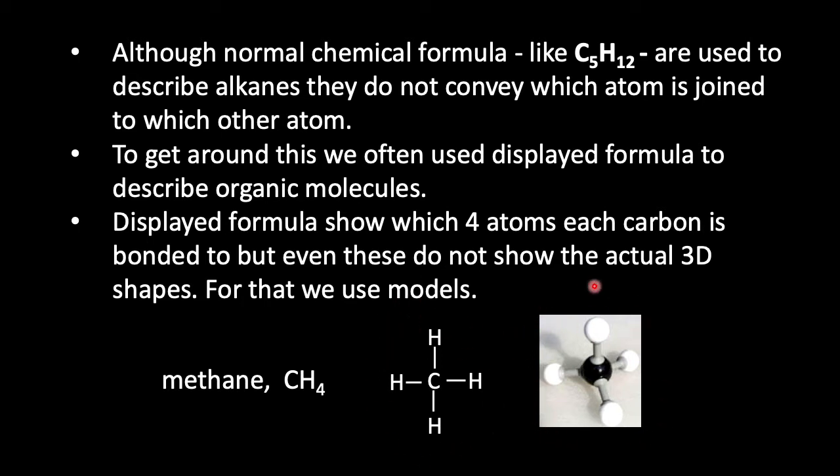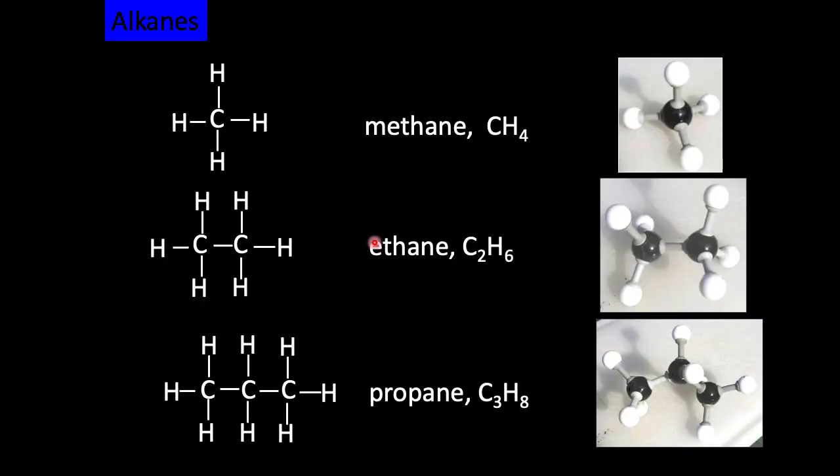For that, we use models such as this, sometimes referred to as a ball and stick model, because the atoms are represented by balls and the bonds by sticks. In terms of alkanes, this is methane, ethane and propane.